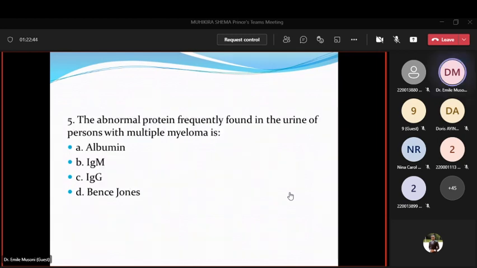Number 5. Abnormal protein frequently found in the urine of the person with multiple myeloma is what?